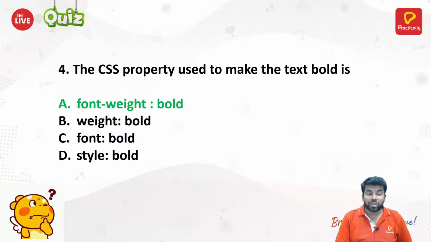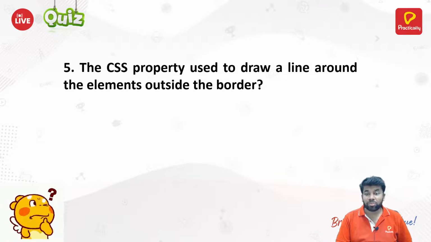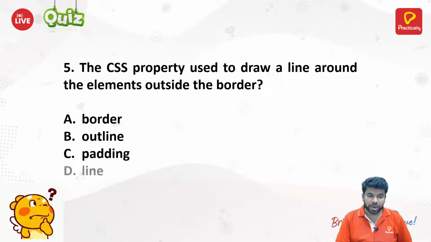Fine. Now the last question: which CSS property is used to draw a line around the elements, outside the border? Border, outline, padding, line. Which one is used to draw a line around the HTML elements, outside the border? So the correct answer is border.